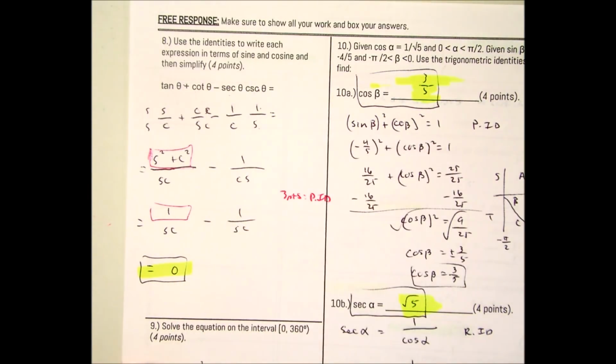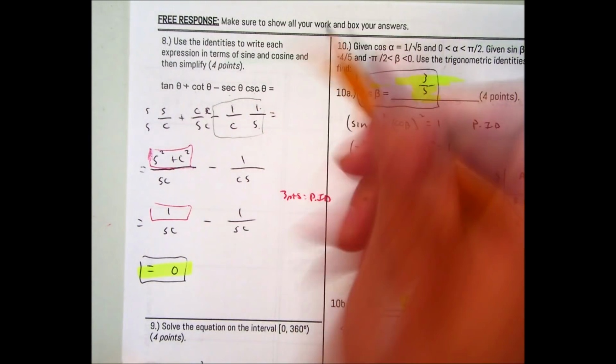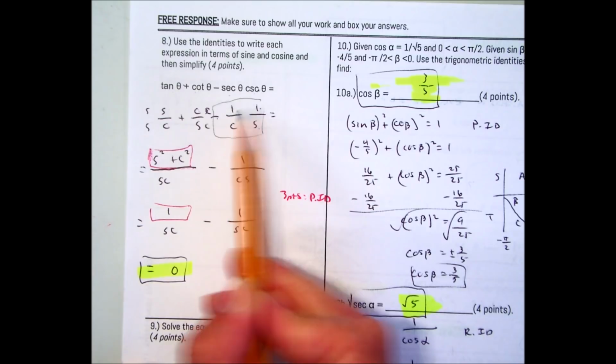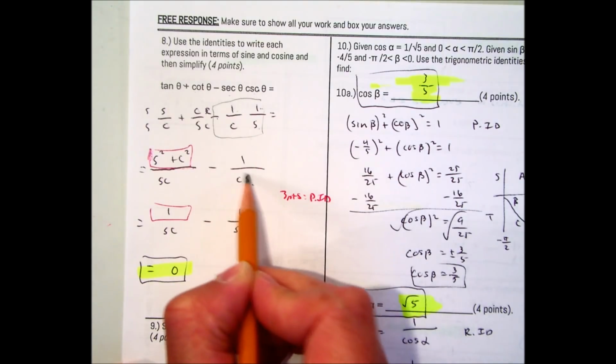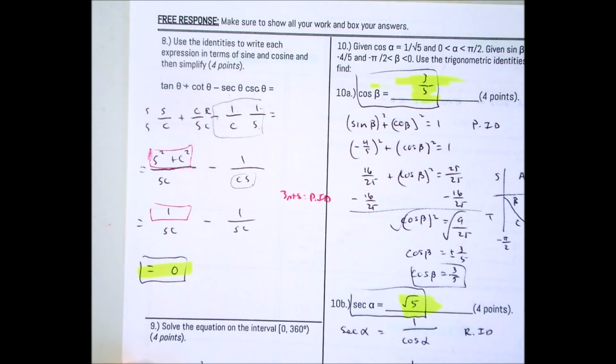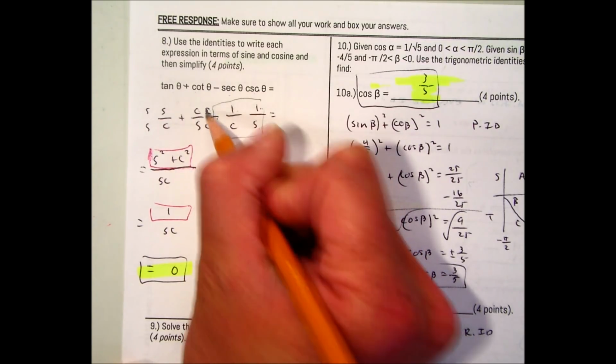Here, this expression turns into negative 1 over cosine sine. That means I need a common denominator of cosine times sine. This one has sine, but it's missing cosine, so I'm going to multiply by cosine over cosine.